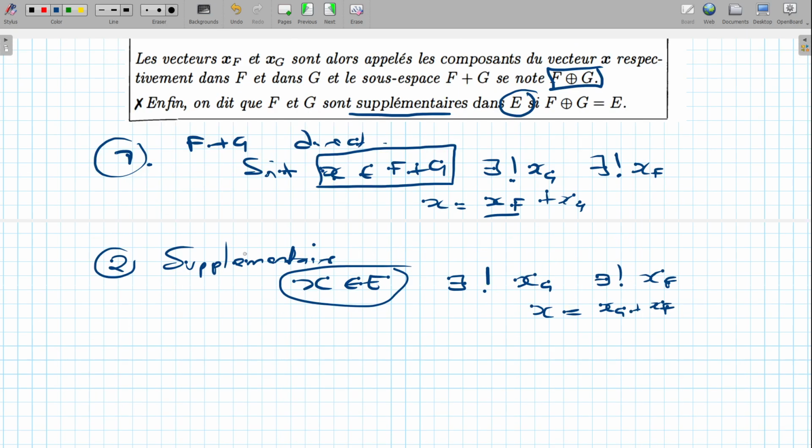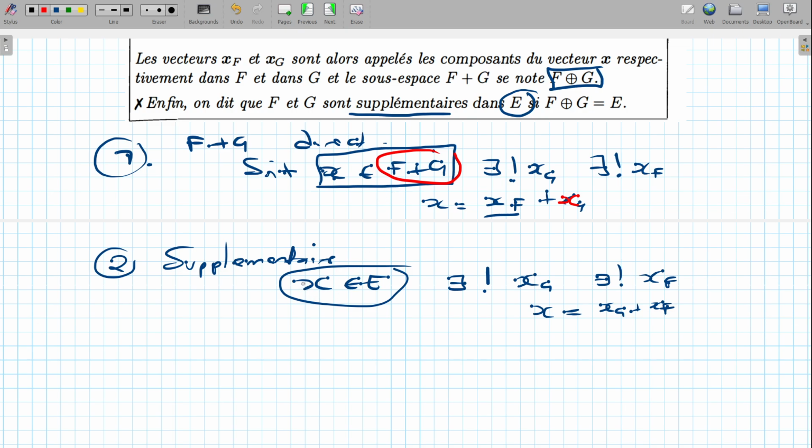Pay particular attention here. Please look, what do we have here? We have F plus G is going to be direct if vectors of this sum can be written in a unique way. x is equal to xF plus xG, where xG is an element of the second sous-espace and xF is an element of the first sous-espace.